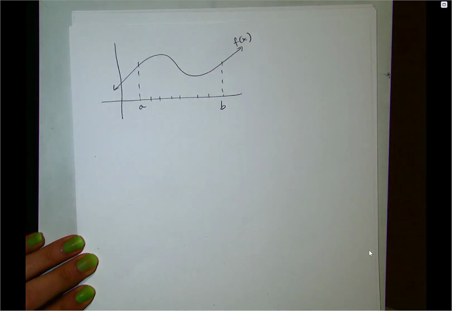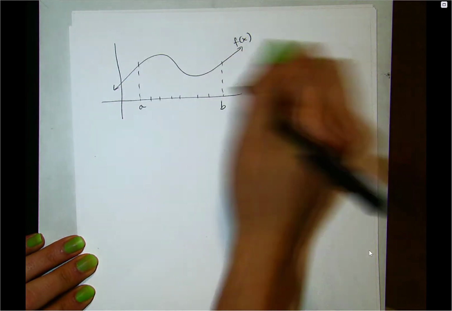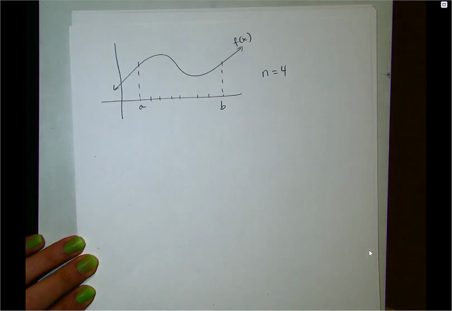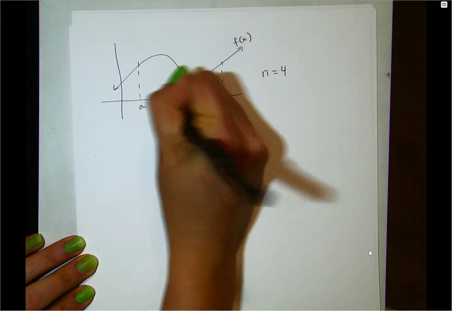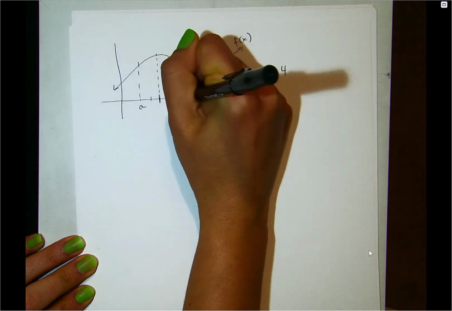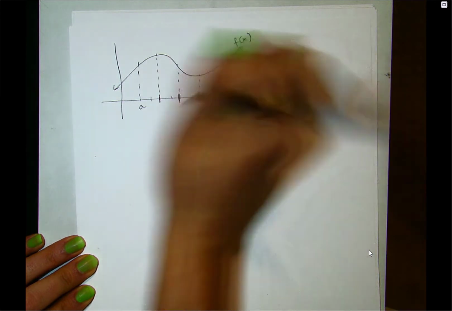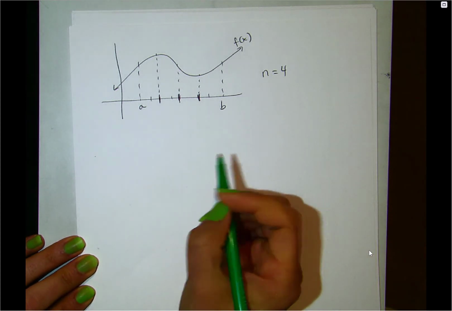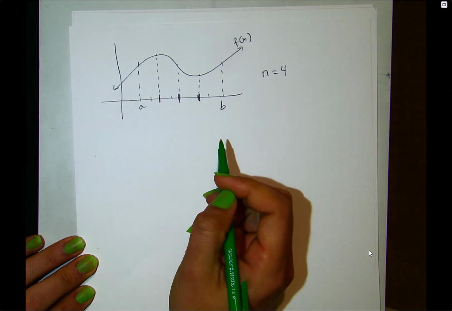But to make this a little more intentional, let me say we're gonna use 4 parabolas. So if I break it up into 4 equal pieces, then what Simpson's rule does, it tries to fit a parabola, the best fit parabola, on those intervals to approximate the curve.